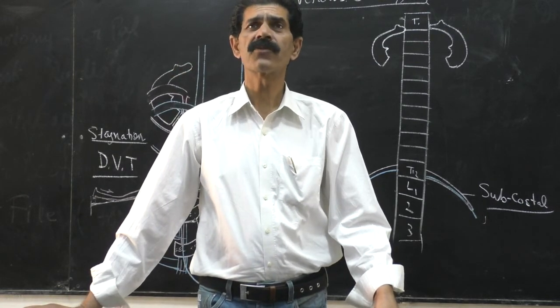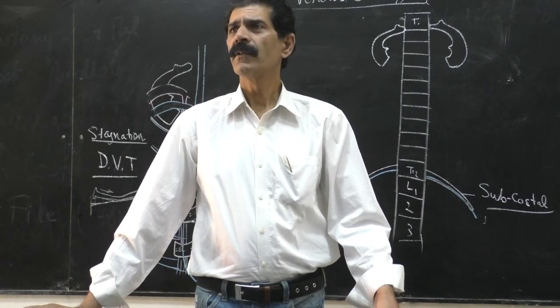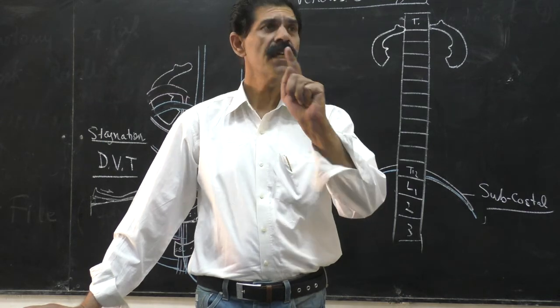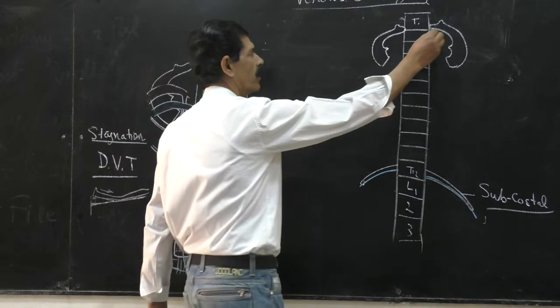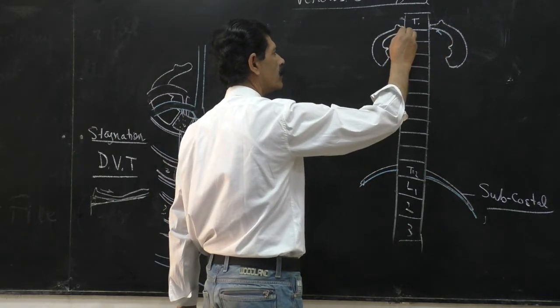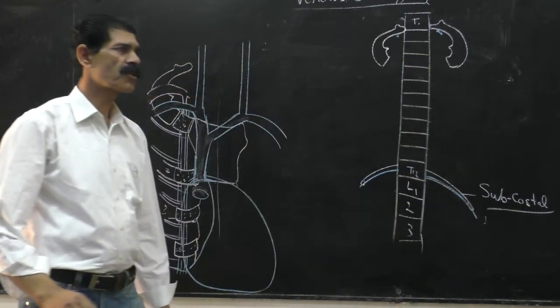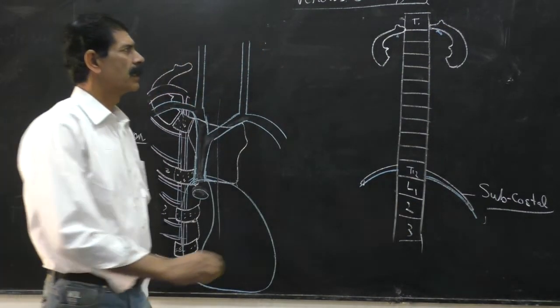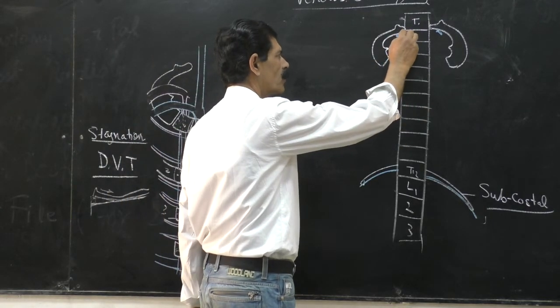Remember the formula SWAN. In the SWAN, the V stands for first posterior intercostal vein. So this is the posterior intercostal vein here. First posterior intercostal vein on right and left side, both of them.